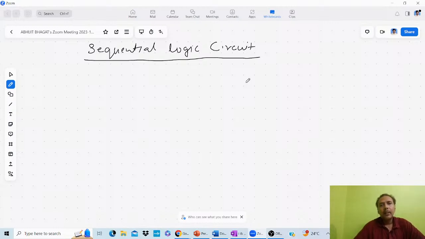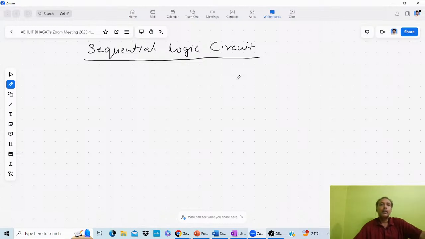In case of combinational logic circuit, your output depends only on the present input. But in case of sequential logic circuit, your output depends not only on the present input, but also on the past output. This is the difference.